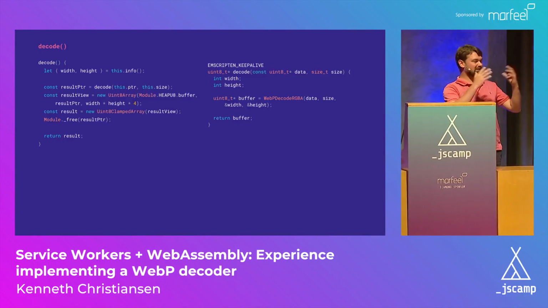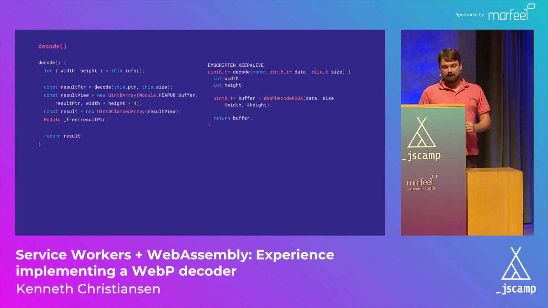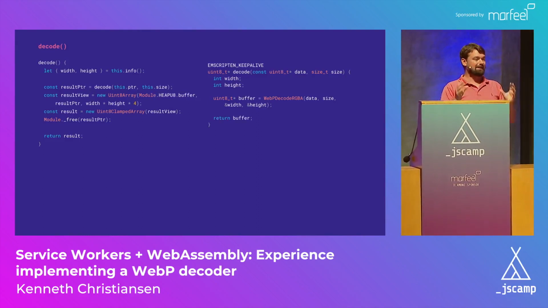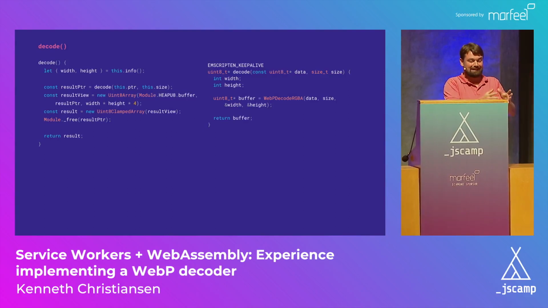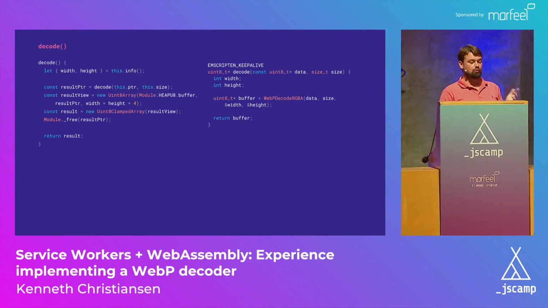Then, because it's just a pointer, just an address, and I want to get a real array, I create an array view. So this is not copying the data. It just makes me able to see the data, understand it as an array. That is when I generate a Uint8Array, the unsigned integer 8 array.